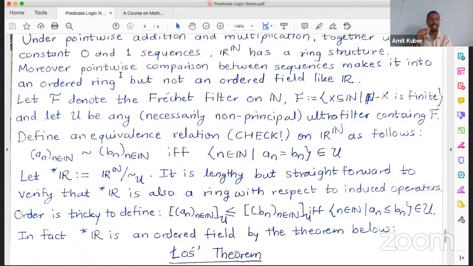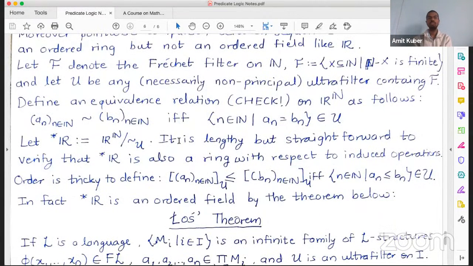We don't want to say that it has to happen at every coordinate. We want to say that it happens on a large set of indices, whatever large means. And we have to define what large means, by finding the properties of large subsets of indices, which means subsets of natural numbers.